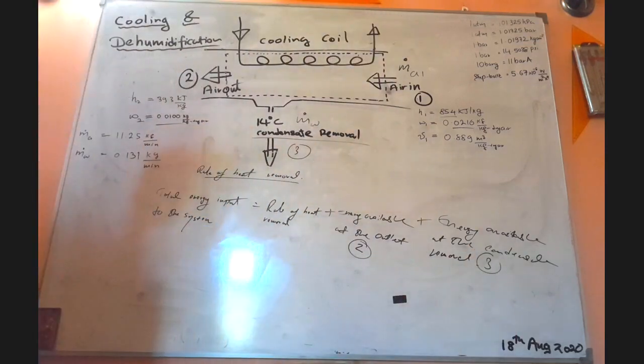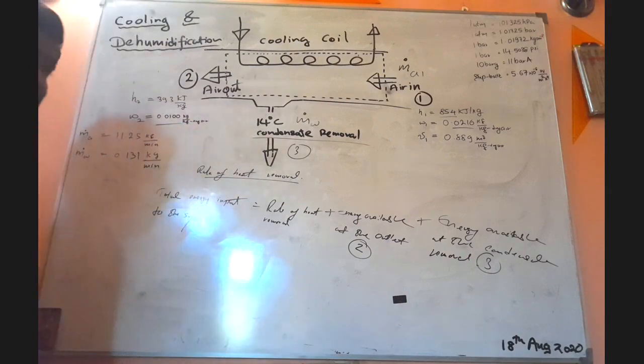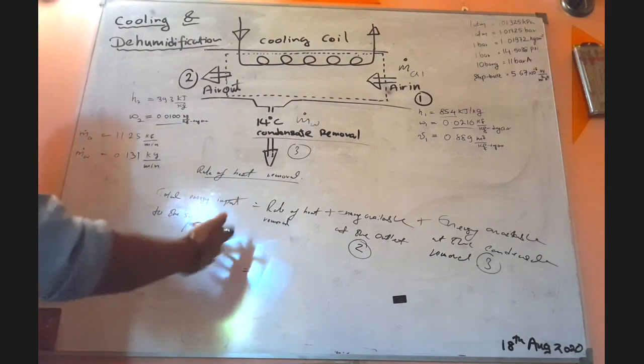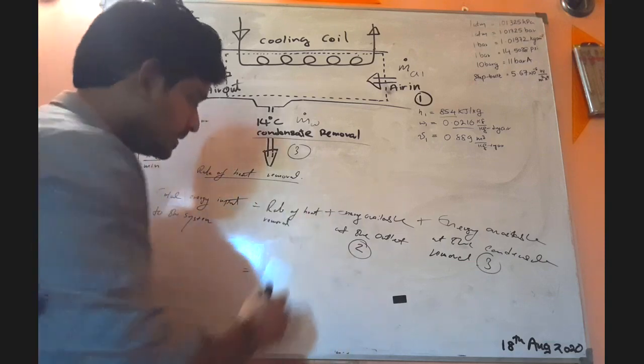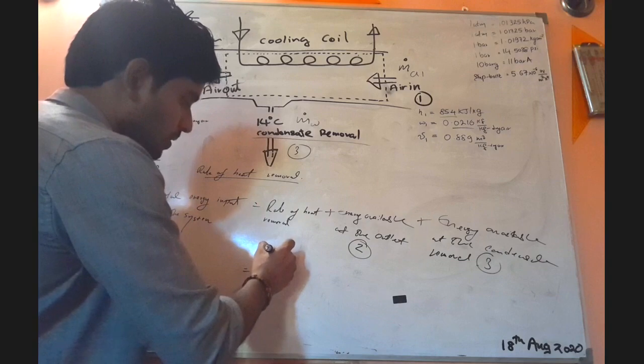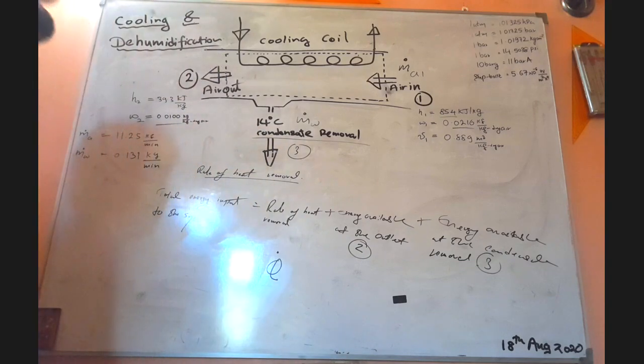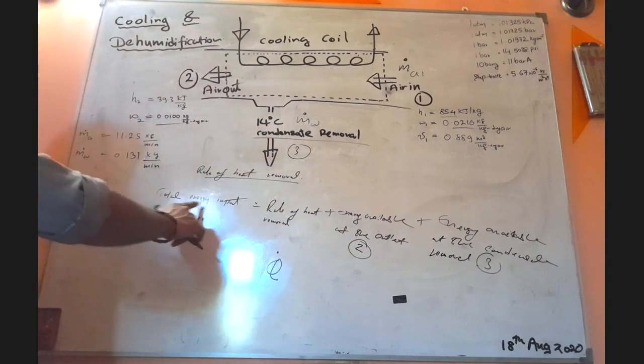So now let's carefully apply the values, right. So now this is what they ask, so I will give it a notation. I will say Q dot, total energy input to the system.